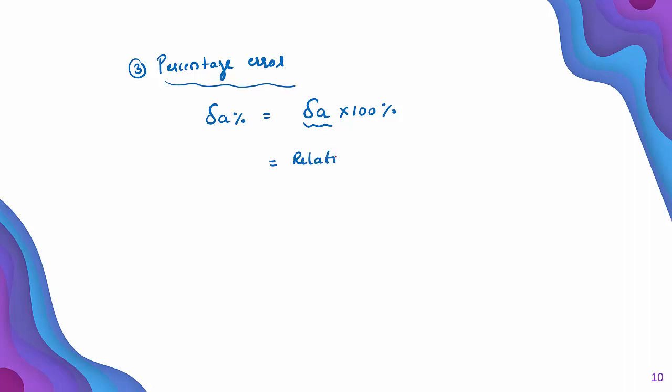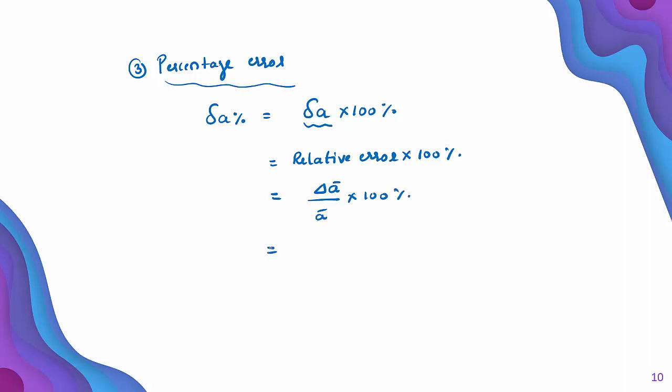Relative error into 100%. Relative error means what? Relative error is mean absolute error divided by arithmetic mean. That means delta A bar divided by A bar into 100%.